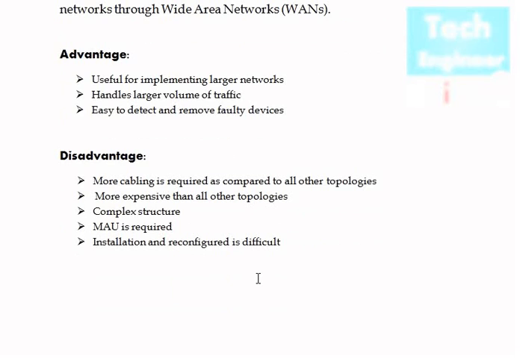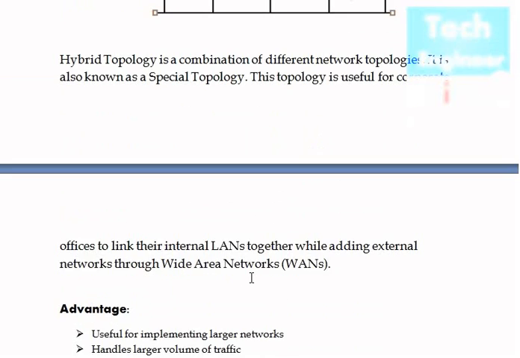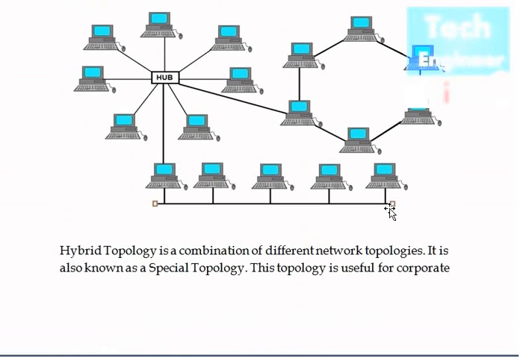So MAU is multi-station access unit. It is required for hybrid, and multi-station means, for example, this network has this station and then a hub, and then this gets connected to here, then this computer is getting and distributing data from here to here.